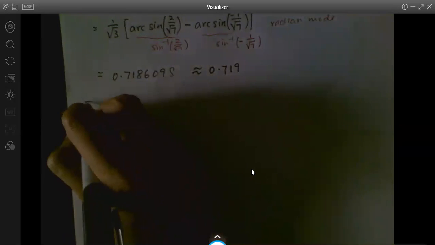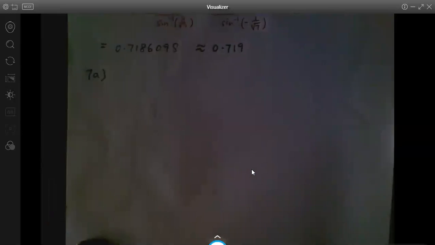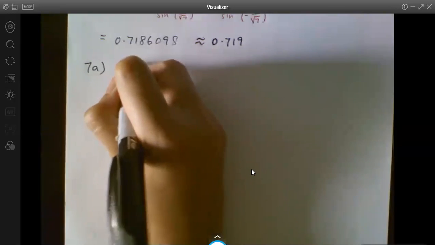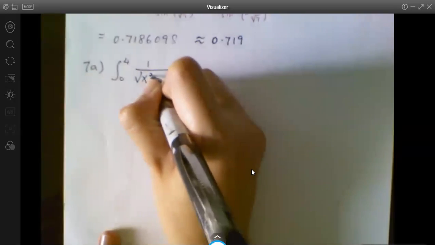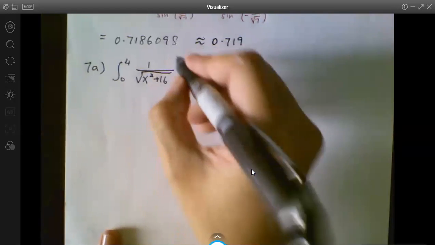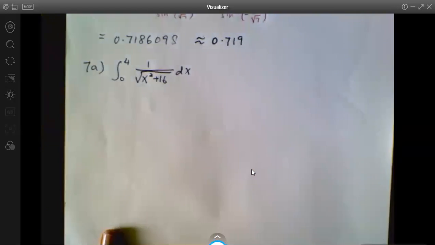7a. Integrate from 0 to 4 the expression 1 over square root of x squared plus 16. This is easier because the coefficient is already 1. So very easily you can find out a is 4, since a squared is 16.